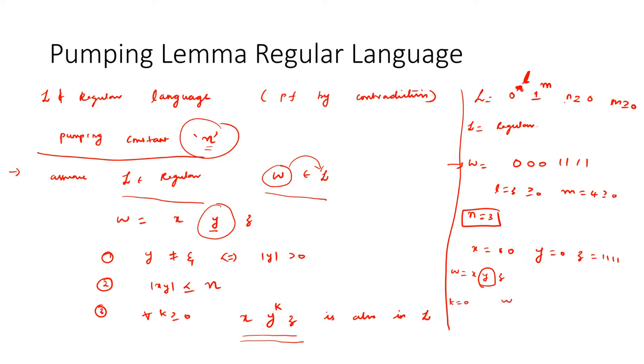If k is 0, w will be 0, 0, 1, 1, 1, 1, because y is repeated 0 times. If k is 1, you get back the original string that we took. That is, w will be 0, 0, 0, 1, 1, 1, 1. If k is 2, you repeat y two times. W will be 0, 0, 0, 0, 1, 1, 1, 1.